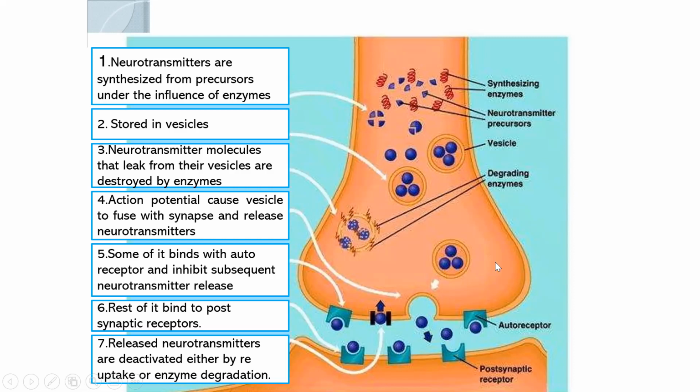It binds over there, and any released neurotransmitters can be deactivated or taken up by reuptake or enzyme degradation. So there are degrading enzymes which are present. If they're not utilized, they can be destroyed.